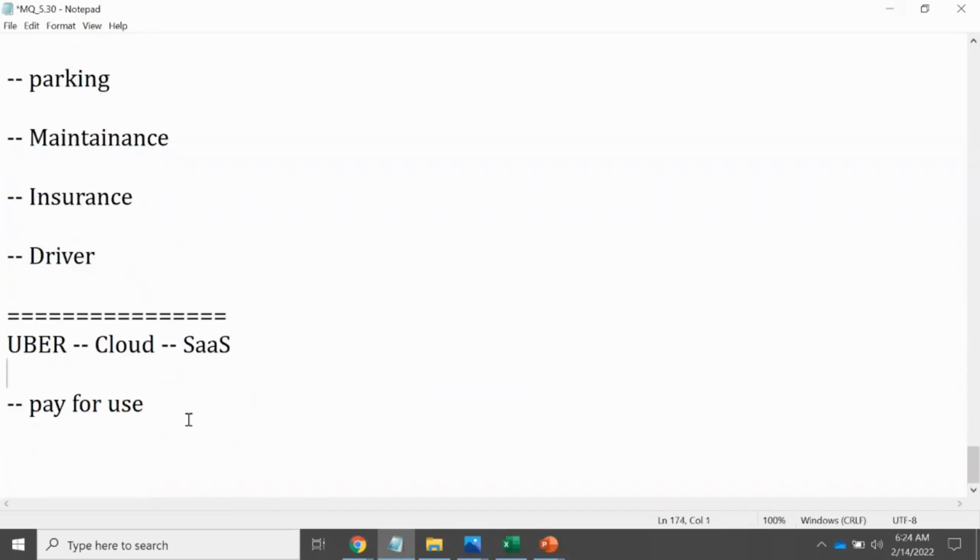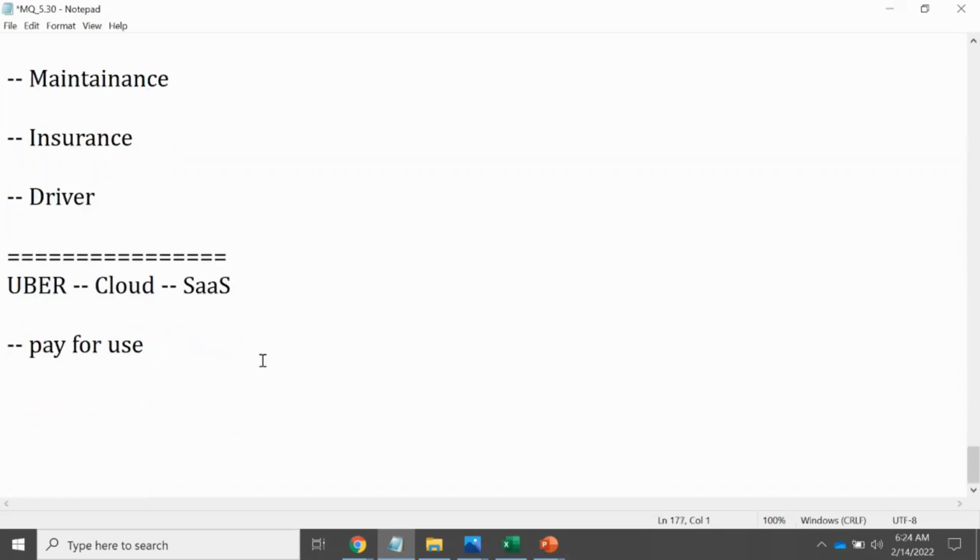Okay. Now coming to this, what is the advantage here? The advantage is every person can use it, right? Whenever, based on the requirement. For example, if they want to go to the office alone, they can book a compact car, right?